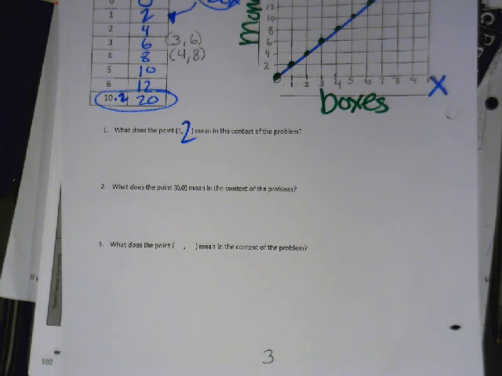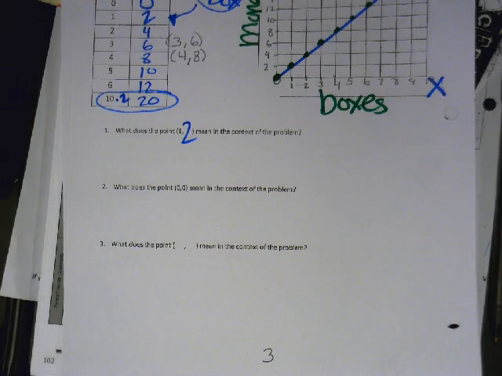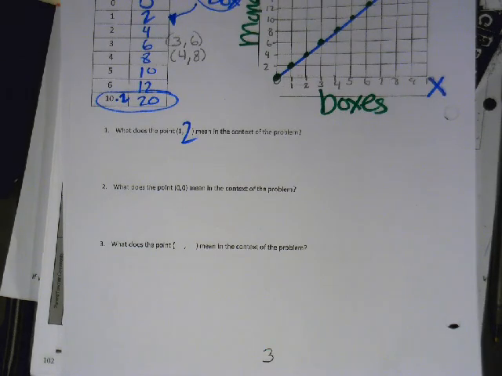Box. 1 box is going to cost $2. So you have to translate, what does this point mean? This point on the graph means 1 box costs $2.